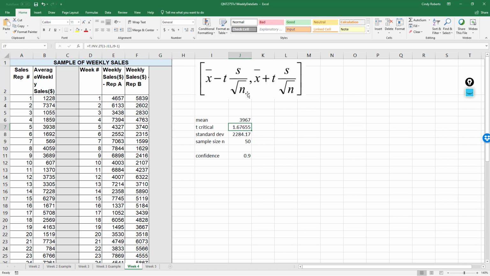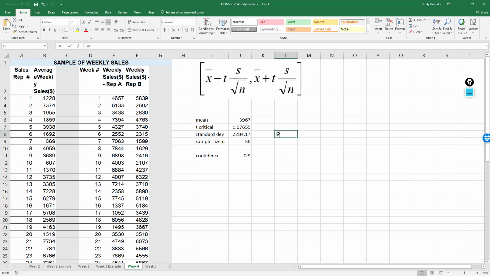All right, so looking at this formula, it's important that you understand this piece. How you find any confidence interval, doesn't matter if you're doing around the mean, a proportion, if you're doing a Z, a T, it's always the sample statistic plus and minus the margin of error.